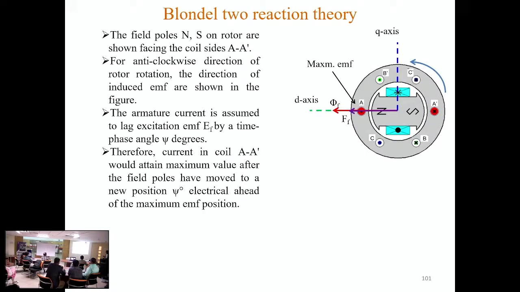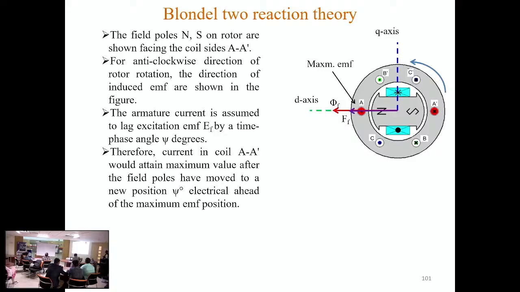But before that, consider if the machine is loaded, what will happen? Depending on the load power factor, the armature current will lead or lag this EF by the power factor angle. During that period of time, this N pole and S pole will move ahead by that angle, as we have seen in the case of the cylindrical rotor machine.